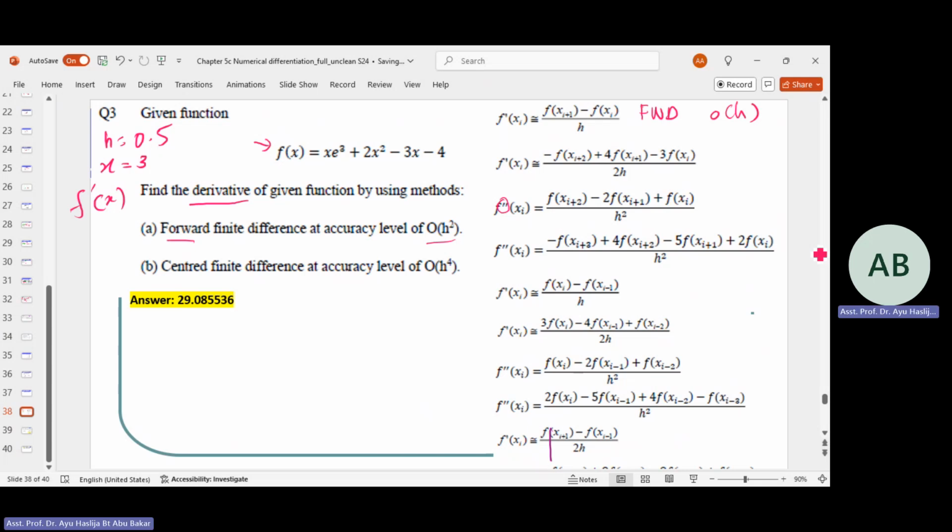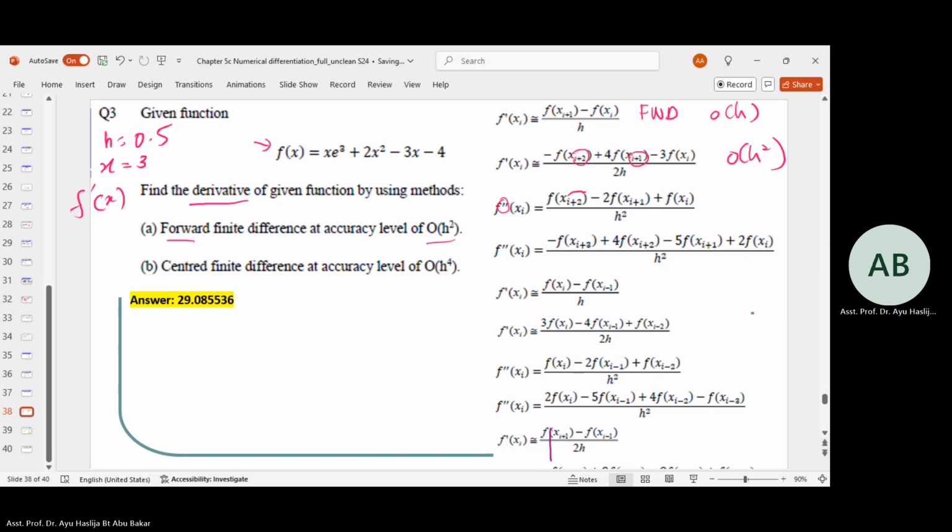How about this? i plus 2, i plus 1. Forward level 2. It requires more points, so higher accuracy, higher order. The second derivative is forward as well.